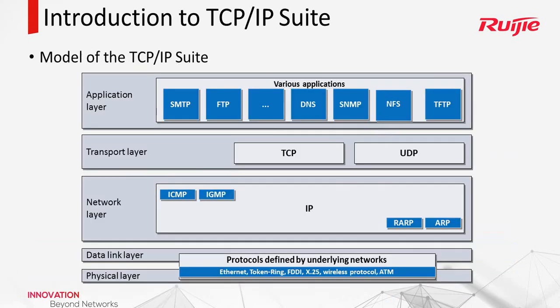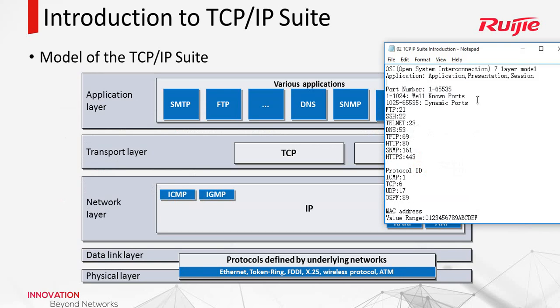This is a model of the TCP/IP suite. We can see that in the application layer, there are some protocols, for example, FTP, DNS, ICMP, TFTP. I recommend you remember the port numbers of these protocols. First, the port number ranges from 1 to 65535.